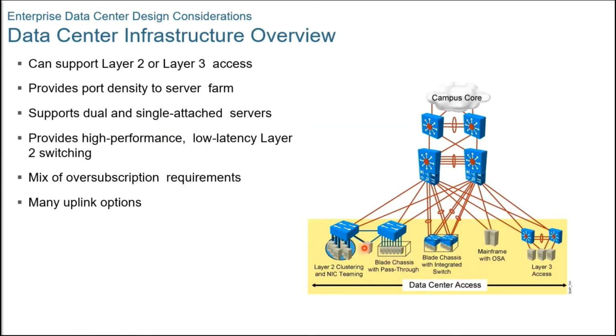When the default gateway is implemented at the access layer, a mix of both layer 2 and layer 3 access switches using one rack unit, or one RU, and modular platforms provides a flexible solution and allows application environments to be optimally positioned.